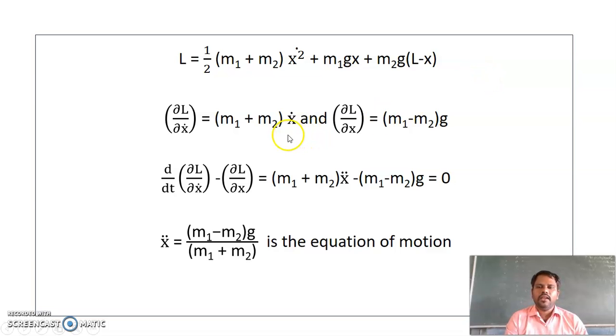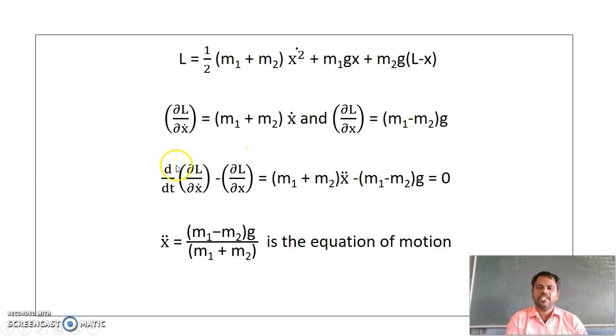Now to apply the Lagrangian equation, I need to differentiate the L term with respect to x dot and with respect to x. On differentiation, dou L by dou x dot is m1 plus m2 x dot. Similarly, dou L by dou x will be equal to m1 minus m2 into g.